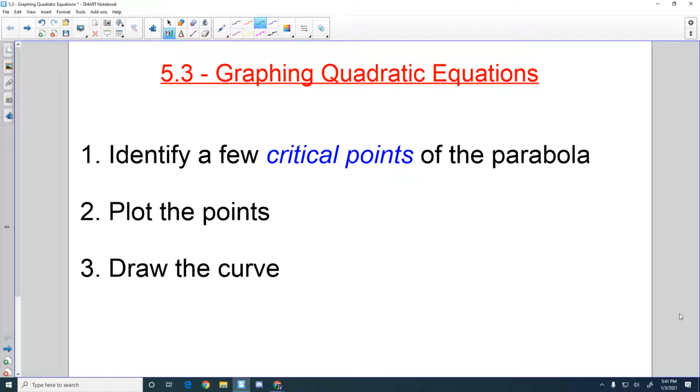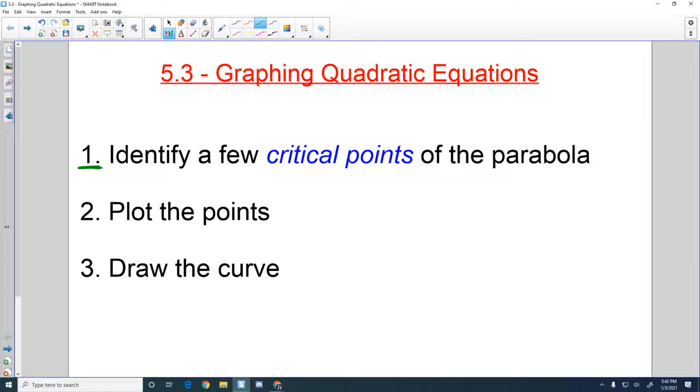Now, we already know the quadratic equation is going to be a parabola, that U-shaped graph. And so we're really looking at two different forms of equations that we're going to be graphing, that vertex form and then standard form, which we've looked at both of those for solving quadratics on the last target, 5.2. Now, to graph the quadratic equation, there's only three steps we have to do.